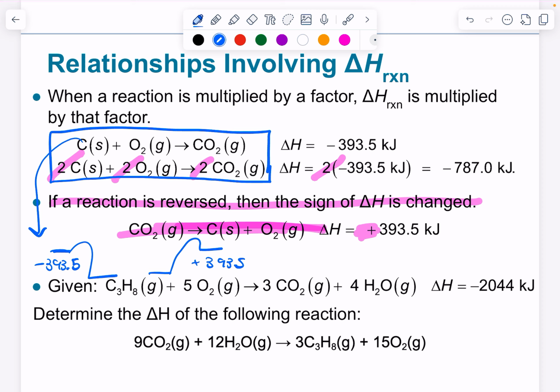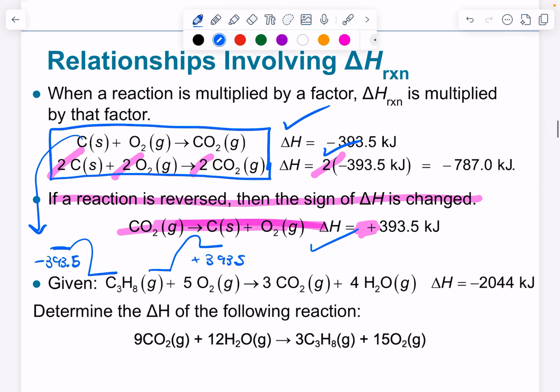393.5. Okay, so these are things you're going to need to use as we move into the last types of calculations for this chapter. If you multiply the reaction by a coefficient, it multiplies the enthalpy by that same coefficient. If you reverse the reaction, then all you do is change the sign.